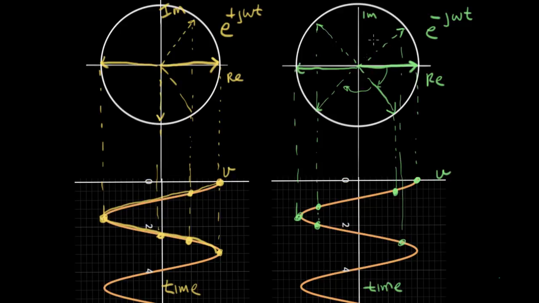And when this vector gets all the way back around to 0, we've done one cycle, and we're back home, and now we're projecting to this point here. What happened here is we took two different vectors rotating in opposite directions. This one clearly had a positive frequency because it was going counterclockwise. This one had a negative frequency because it's going clockwise. And both of them carved out the exact same cosine wave when we got done.